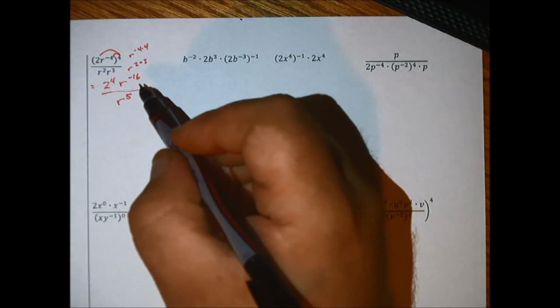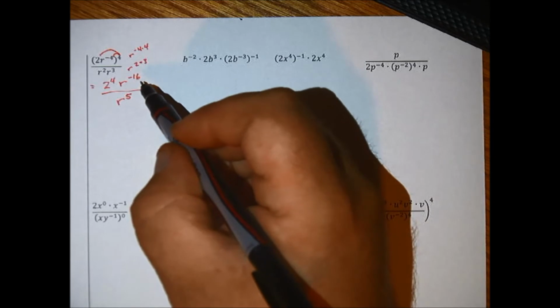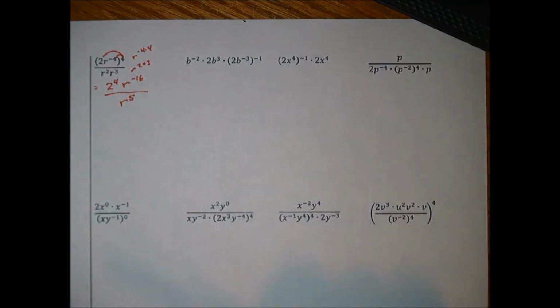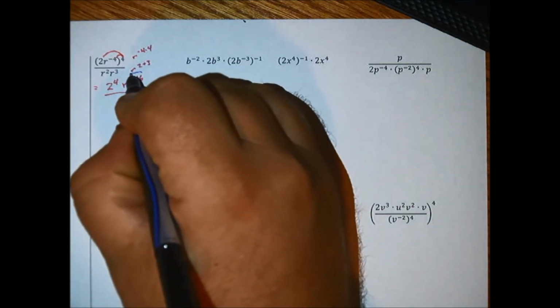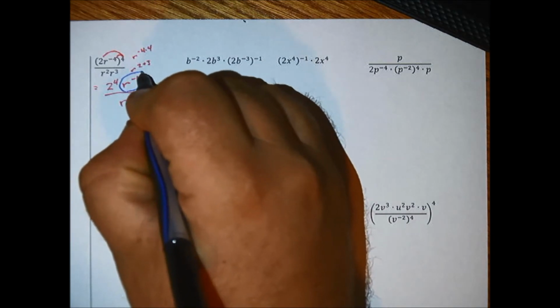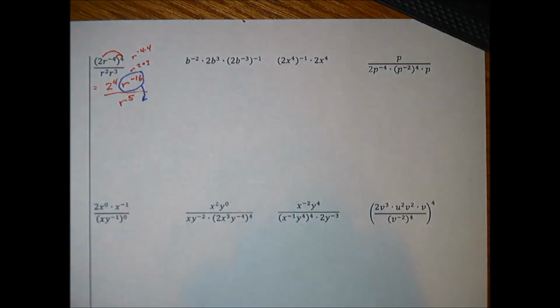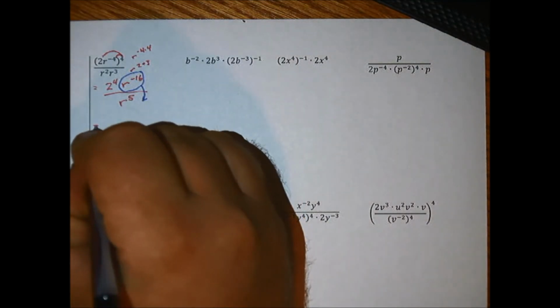Now here's the quick way to deal with the reciprocal of the positive. Since this factor is raised to the negative power, I'm going to drop it down below and change the sign on the exponent to positive.